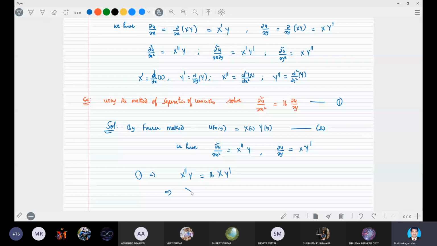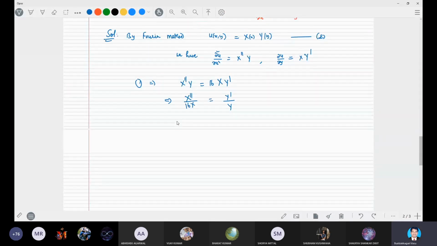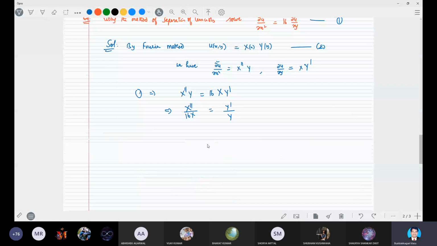So this will be separated as X double dash by 16 X is equal to Y dash by Y. So we have separated here.